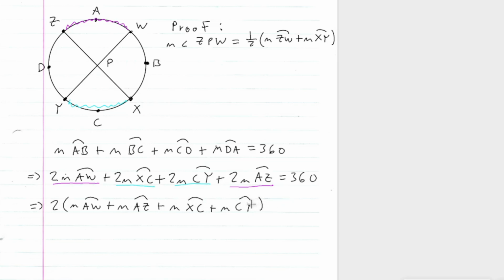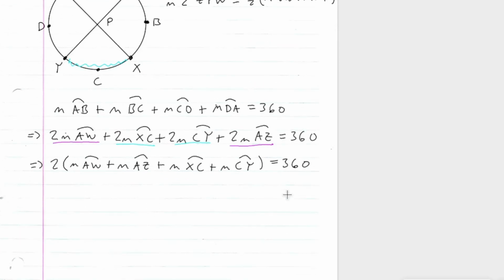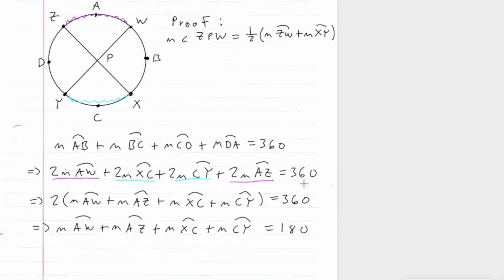I factored out the 2 and rearranged it, and that equals 360. Now I can divide by 2 on both sides. So I get the measure of arc AW plus the measure of arc AZ plus the measure of arc XC plus the measure of arc CY is equal to 180, right?